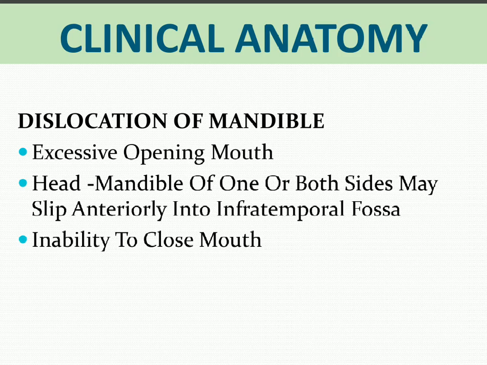Below the temporal bone, there is a space in relation with the base of the skull. That is known as the infratemporal fossa. And if there is dislocation of the mandible, there is inability to close the mouth.